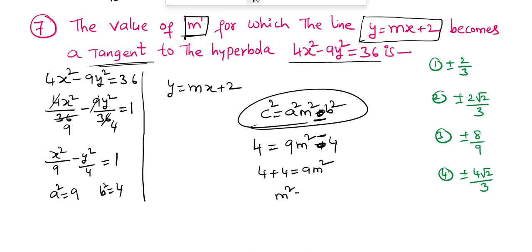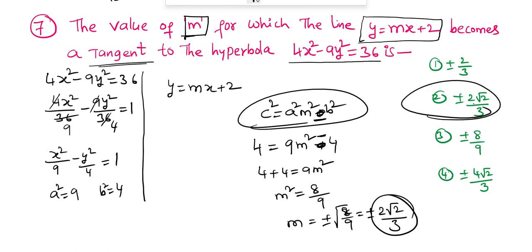From this, m² = 8/9. So m = ± √(8/9), that is equal to ± 2√2/3. So for this, the second option is the correct answer.